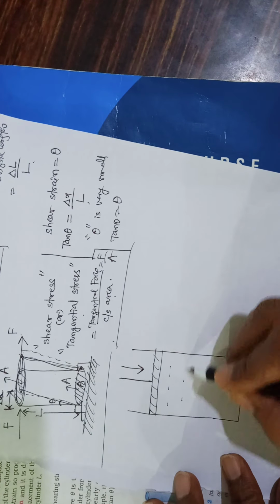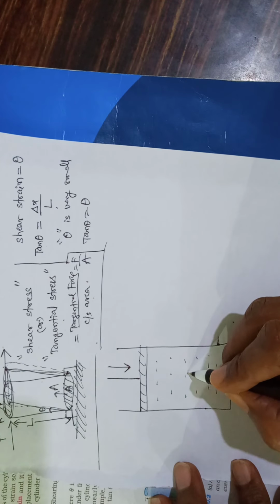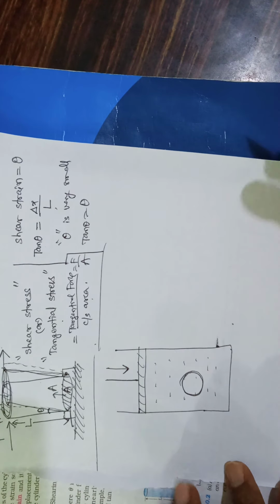So this is water, a fluid. So inside the fluid there is a round body, suppose. Round body is there.